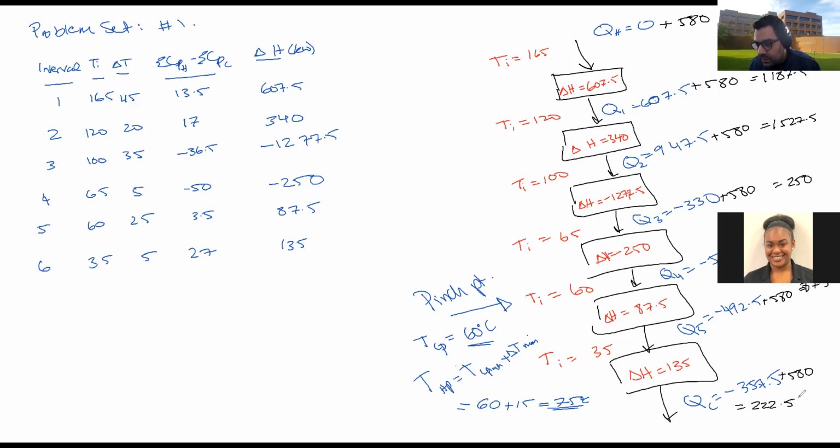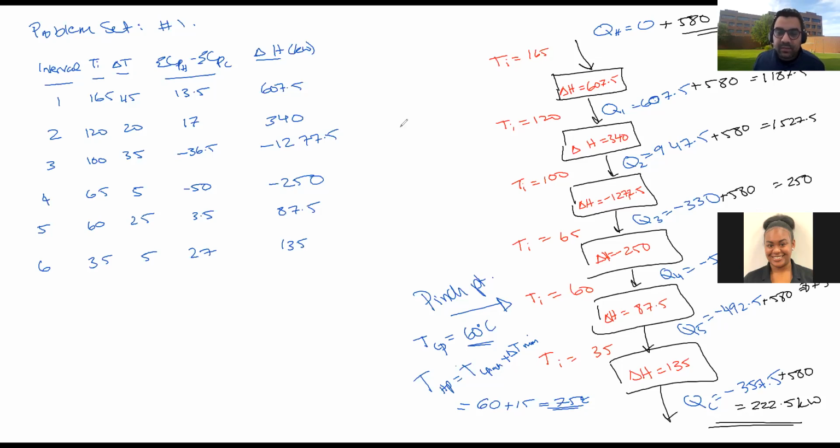Hopefully we didn't do any arithmetic errors. But yeah, once I add enough heat so that my pinch point is 0, I have my minimum energy requirements, or the MER parameters for the system. And in this case, the QC is equal to 222.5, and the QH is equal to 580. So this is the first step of your problem, I was able to define my parameters I need to build my heat exchange network.